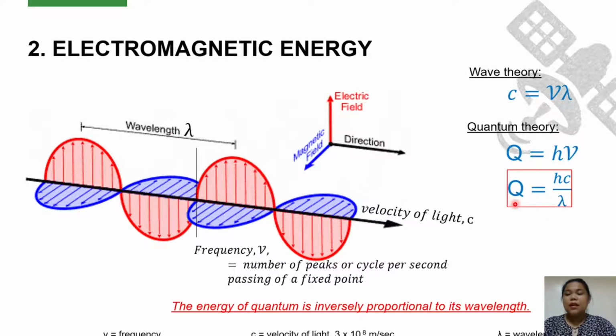This equation implies that as lambda increases, the energy content of the wave decreases. In remote sensing, this implies that sensing systems that operate in longer wavelengths must observe larger areas of the Earth in order for the sensor to detect signals.